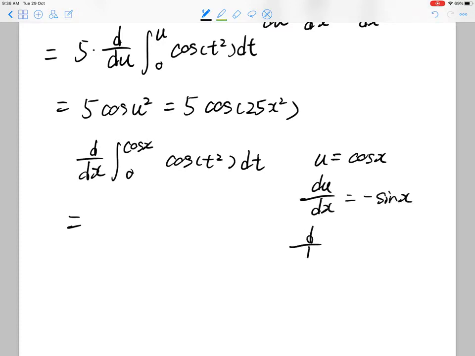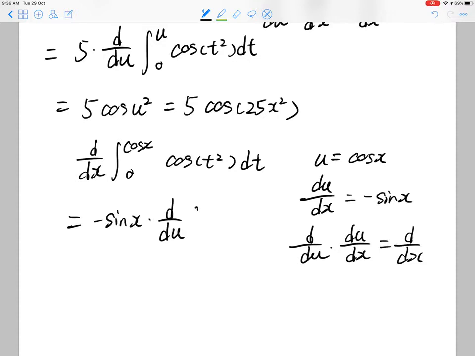So it's negative sine x times d over du of the integration from 0 to u of cosine t squared dt.